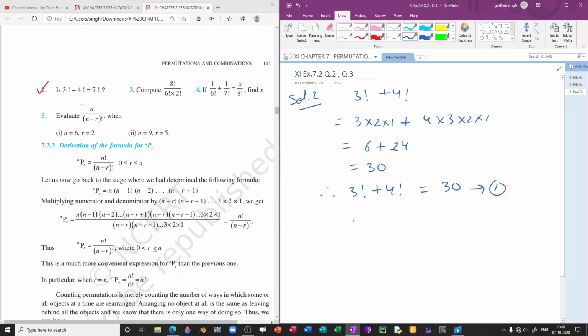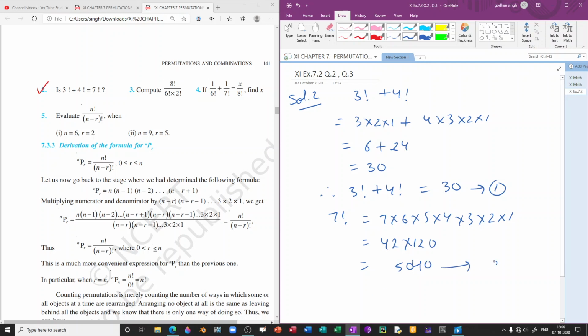Then next let us take 7 factorial. 7 factorial is equal to 7 into 6 into 5 into 4 into 3 into 2 into 1, and here 3 into 2 is 6, 6 into 4 is 24, 24 into 5 is 120, and 7 into 6 is 42. So that will be 42 into 120, and that is 12 into 2 is 24, so 2 carried over, 12 into 4 is 48, that is 50, so 5040.